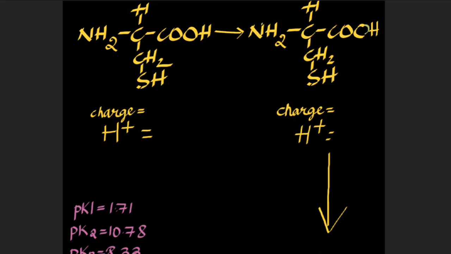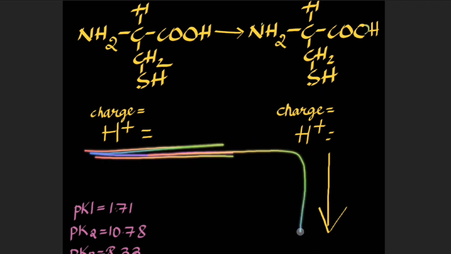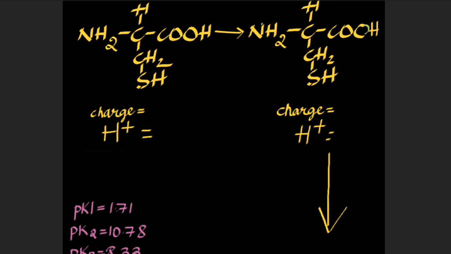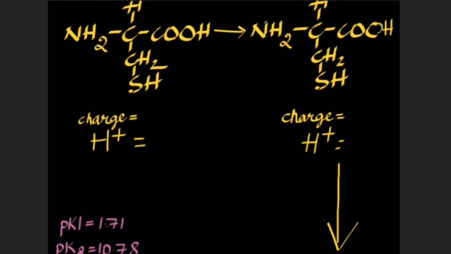That means this is the structure when the amino acid is present in a very acidic solution, and we are moving forward to the basic solution. So this is acidic, then a little less acidic, then more basic, then most basic. Out here the hydrogen ions would be very high in number, right? Because the solution is acidic in nature.